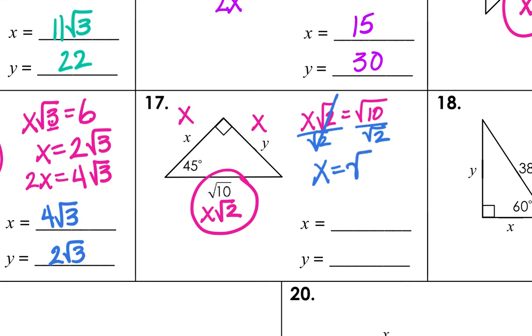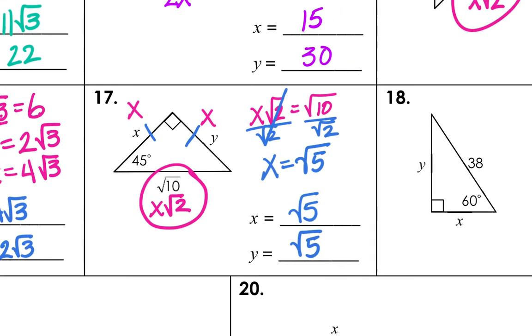So it's the square root of 5. Okay, as long as they're both inside the radical, then you can put them together. But you can't do what's in with what's out. So both of my legs, because they are both equal, are both going to be the square root of 5, because it is a 45, 45, 90.